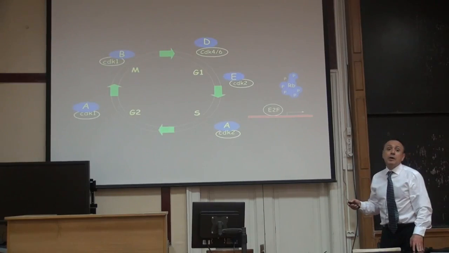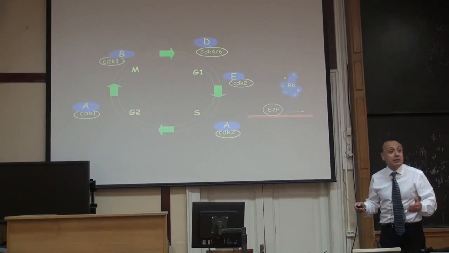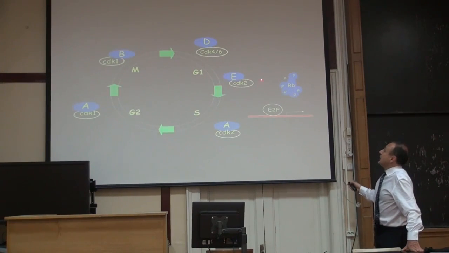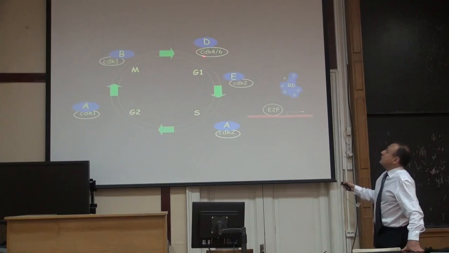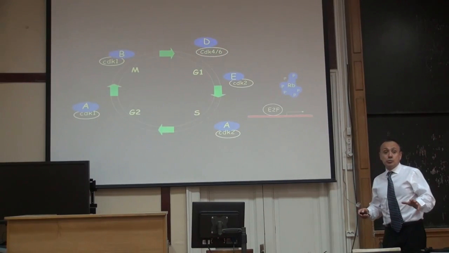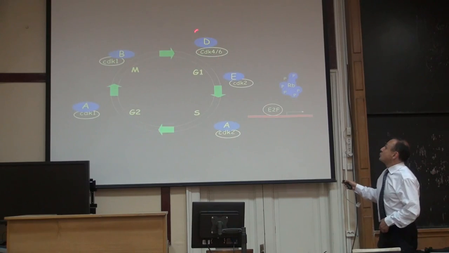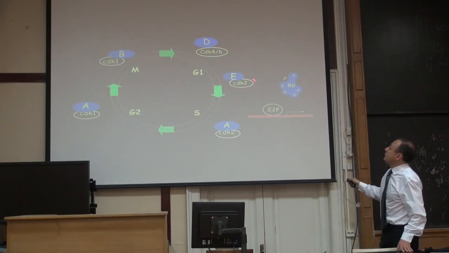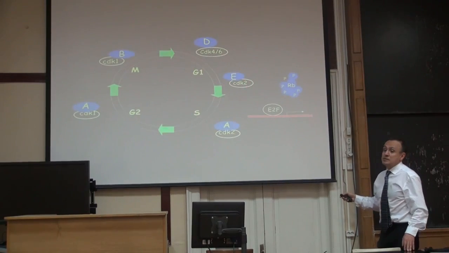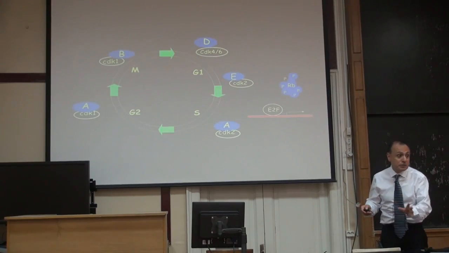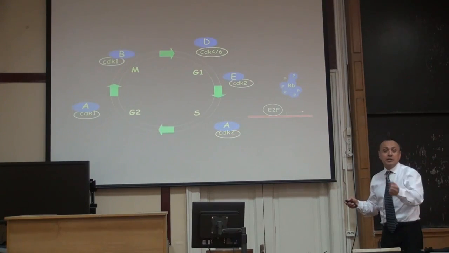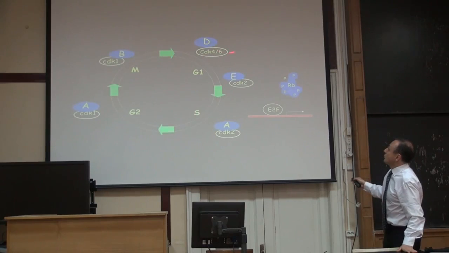Or stated differently, when we started this line of investigation that I'm going to discuss with you today, the dogma in the field was that cyclin E CDK2 is the major kinase that drives entry of cells into the S phase, and the function of cyclin D CDK4 is just to link this key kinase to the extracellular environment. The extracellular environment induces these cyclins, and this leads to activation of cyclin E CDK2.